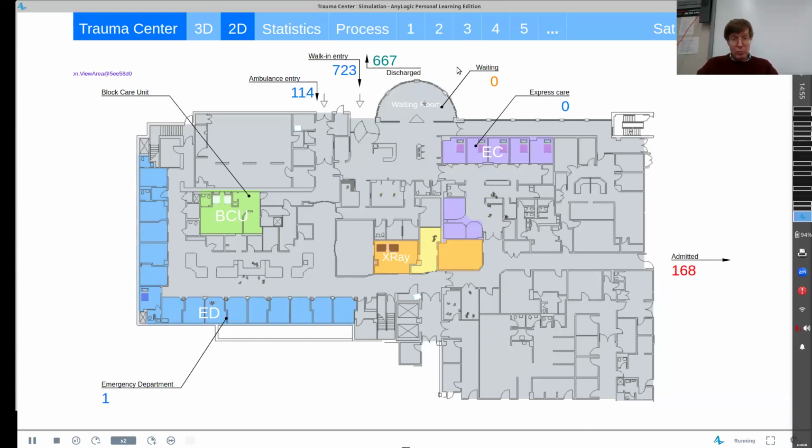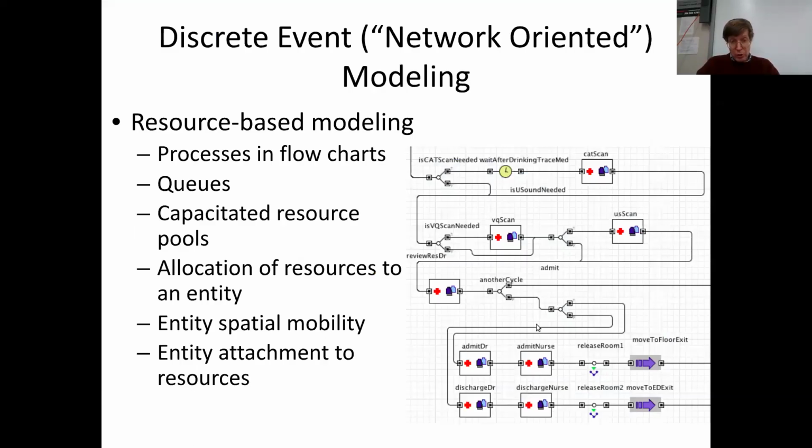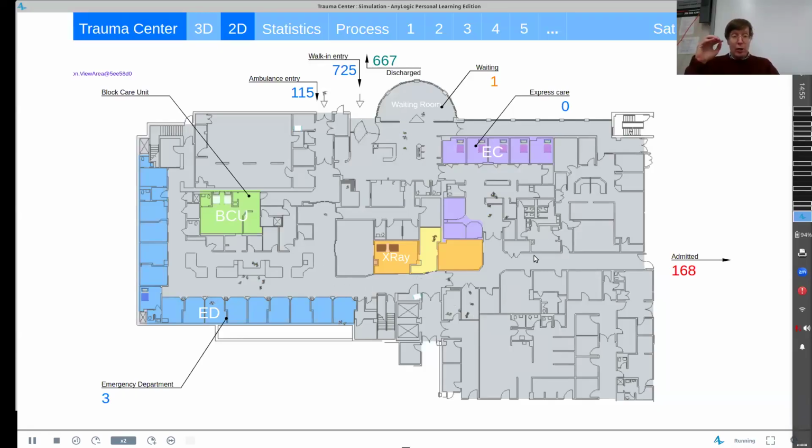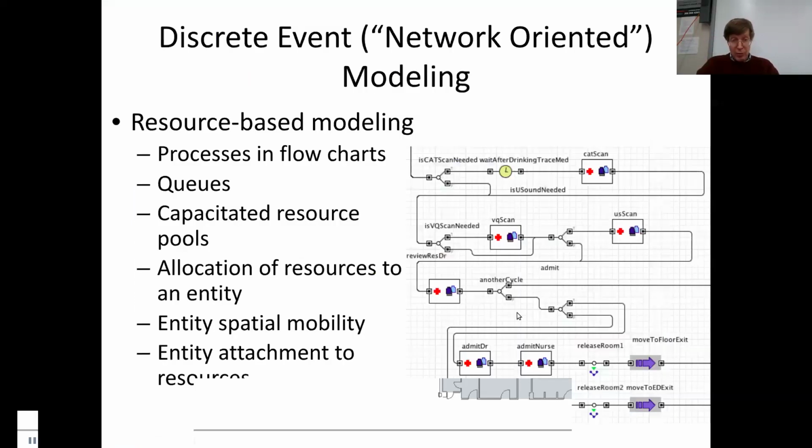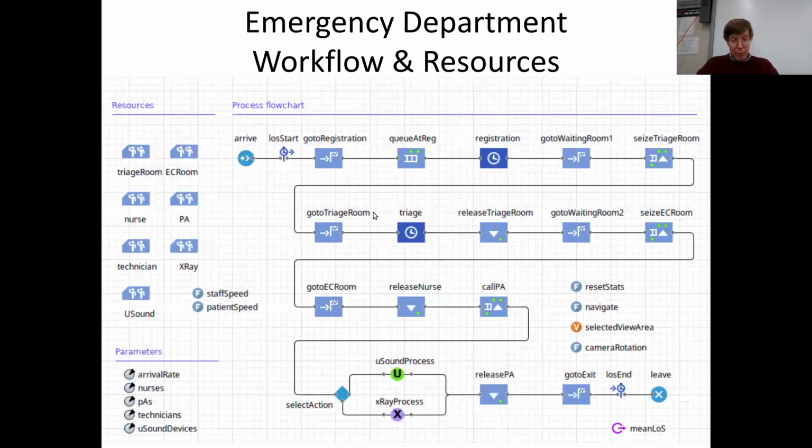But you have to recognize that even though they move together, they are two ontologically different types of things. One is a patient, an entity flowing through these workflows, and another is a resource that is needed to allow some of these blocks to be reached, in order to allow, for example, this triage process to take place.